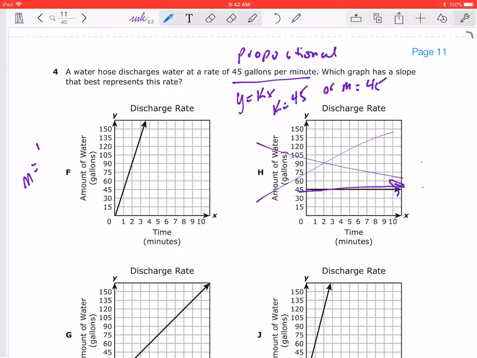My m is going to be up 45, and my run is going to be right 1. So I want to make sure and look at my units. So this is up 15, and then 30, and then 45. And then I'm going to go right 1, and so that means that this one here matches right off the bat. So again, we got lucky.